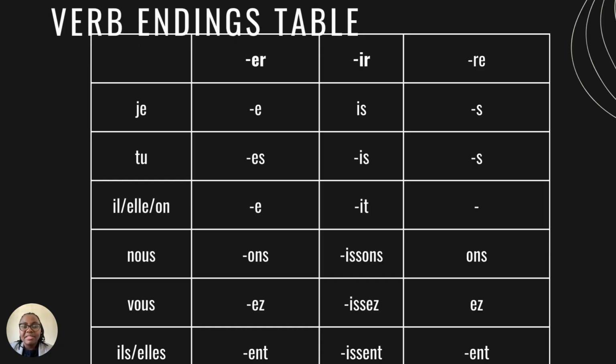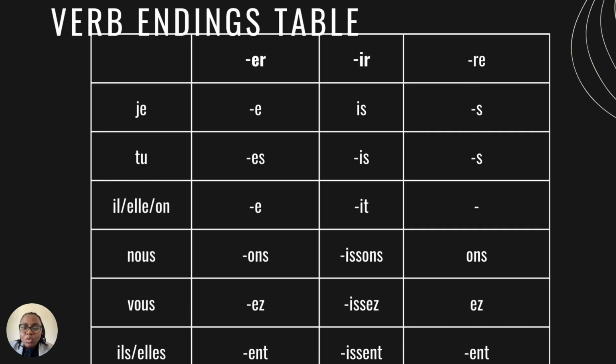This is a table which summarizes the endings which you will put after removing the er, ir, or re endings. Each ending is equivalent to a subject. Our subjects are je for I, tu for you, the second person singular. Then we have il, elle, or on, which is he, she, or one, the third person singular.